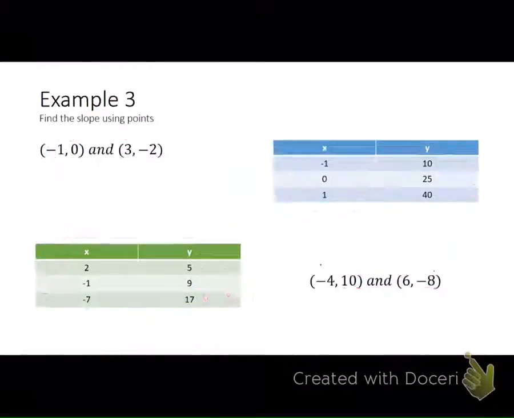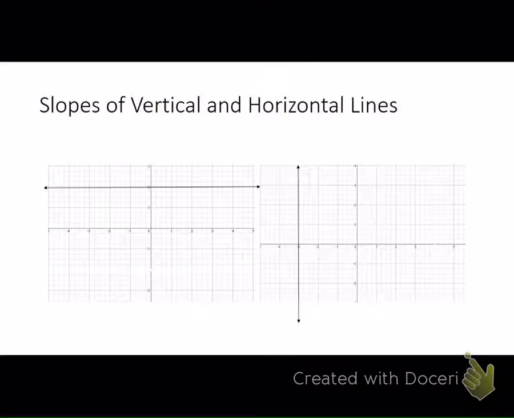All right. So we have the slopes of vertical and horizontal lines. If you look at this one, you're rising 0 and you're running 1. So that's the rise over run of 0. If you have your calculator out, do 0 divided by 1. It's 0, yes.